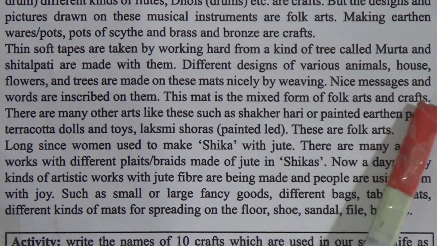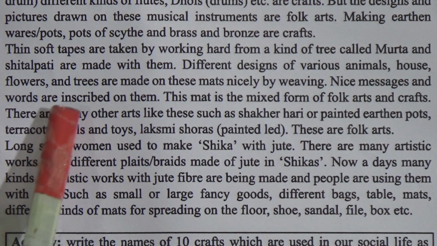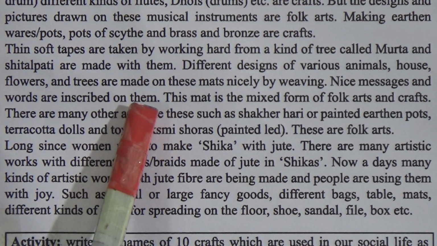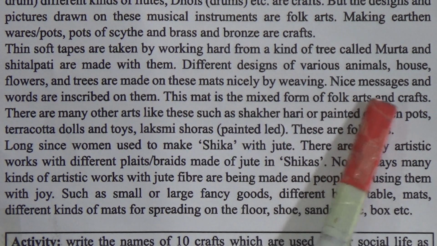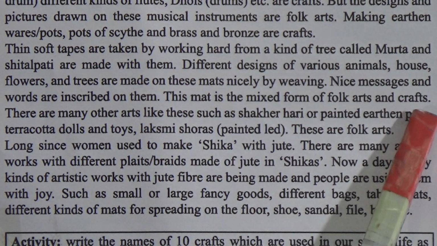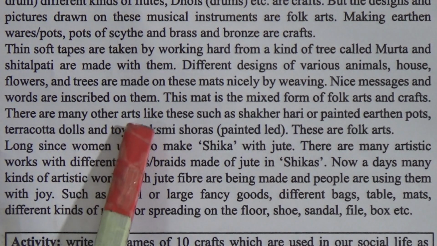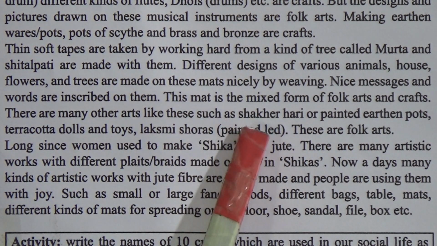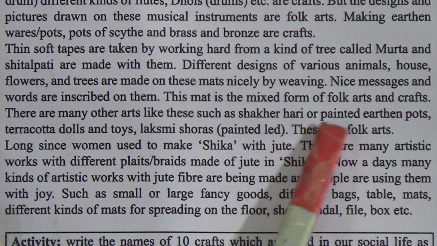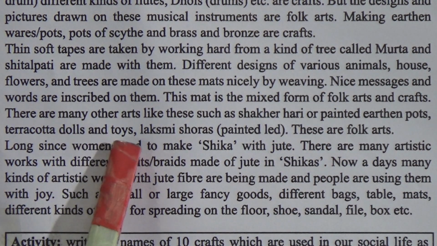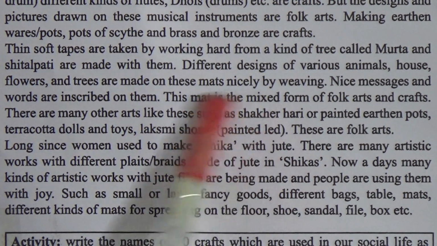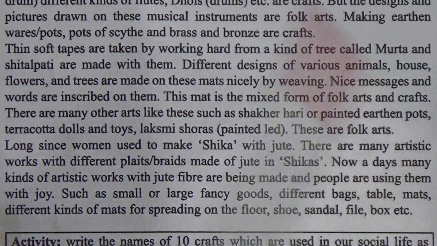Nice messages and words are inscribed on them. The mat is the mixed form of folk art and crafts. There are many other arts like this, such as shokher hari or painted earthen pots, terracotta dolls and toys, lakshmi shora, painted lead. These are folk arts.